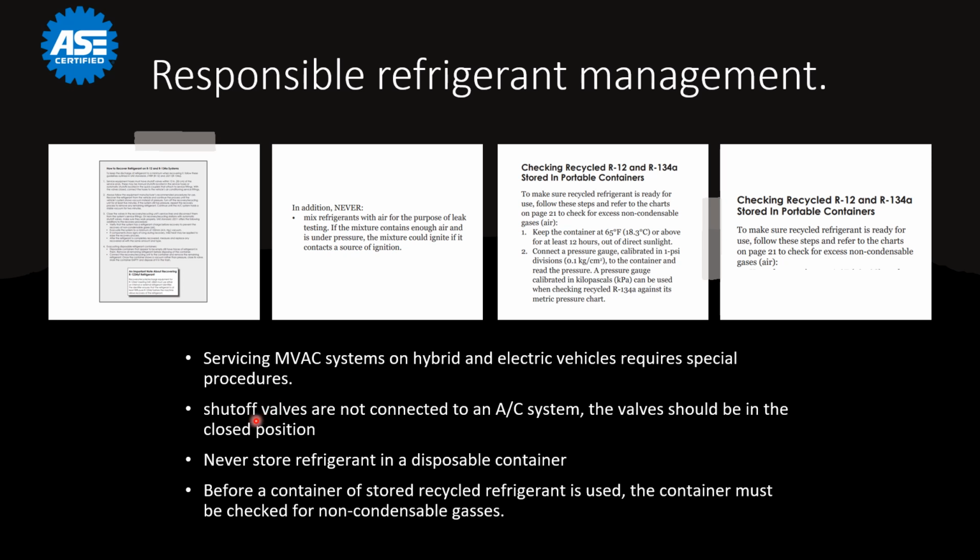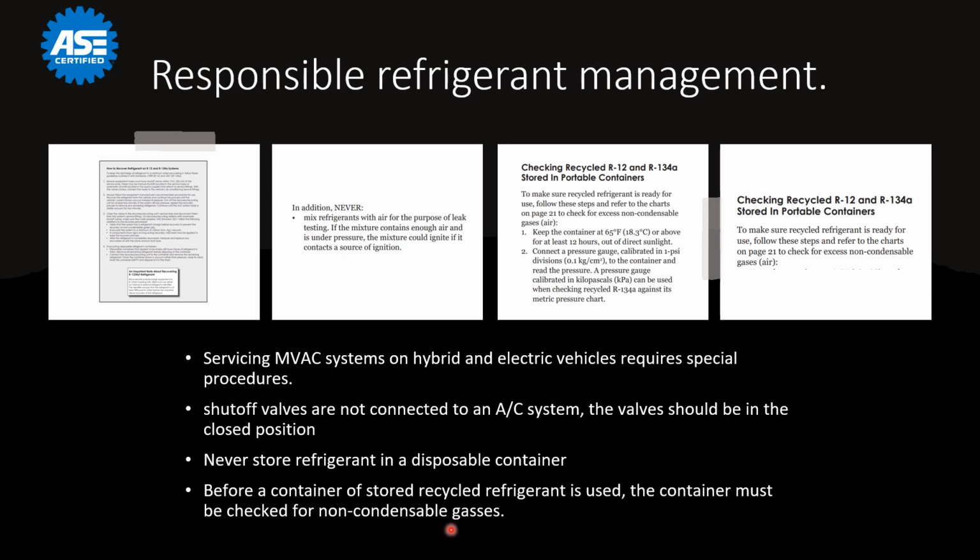The other thing it talked about was before a container is stored with recycled refrigerant, the container must be checked for non-condensable gases. And non-condensable gases are gases that will not condense into a liquid within the operating temperatures of a refrigerant system.